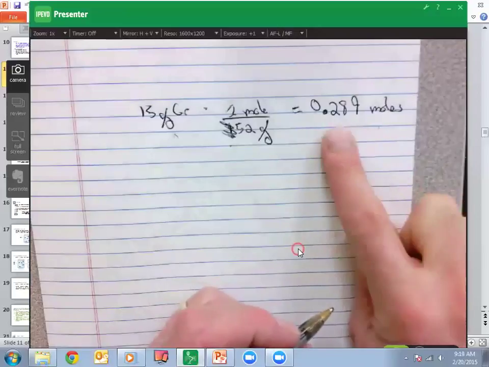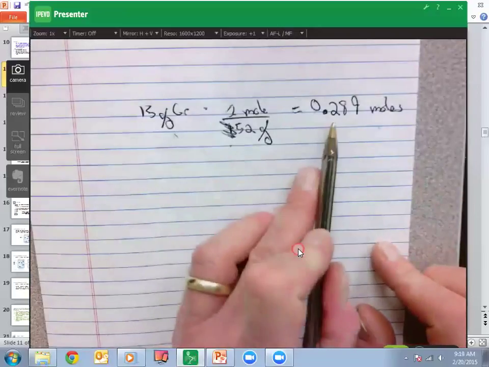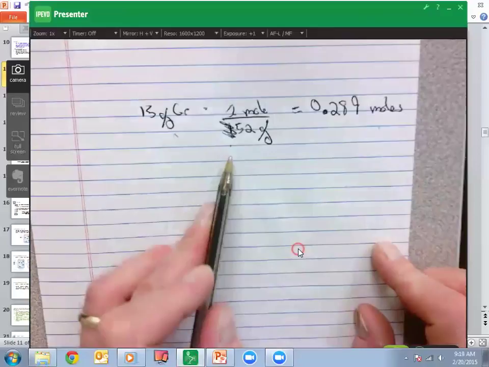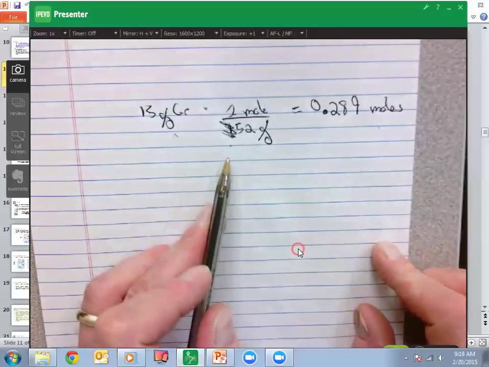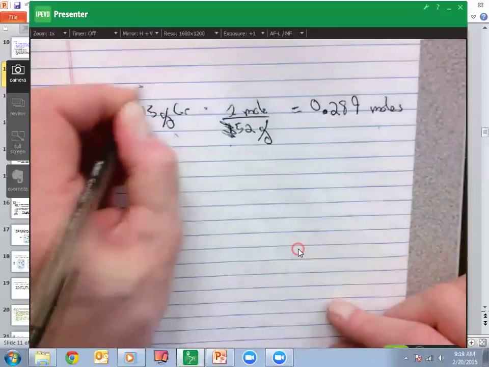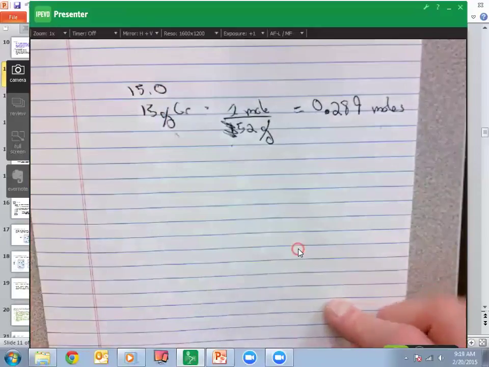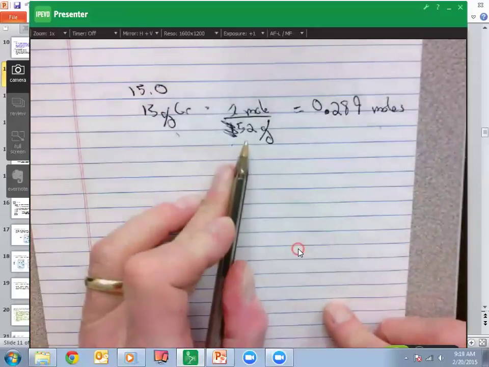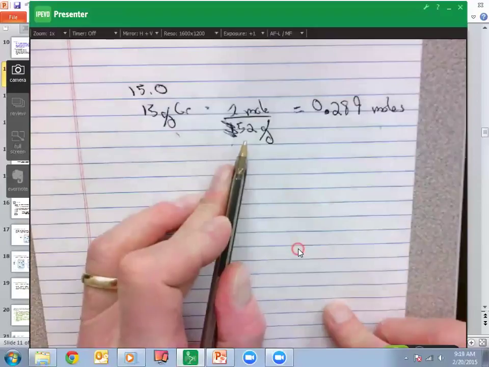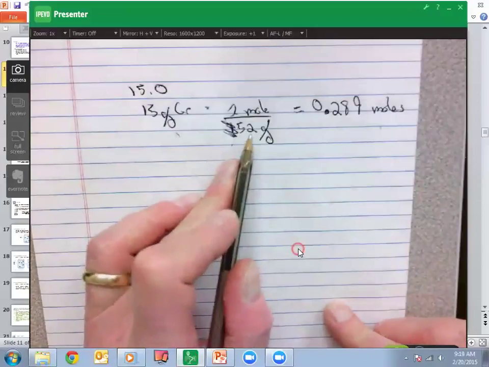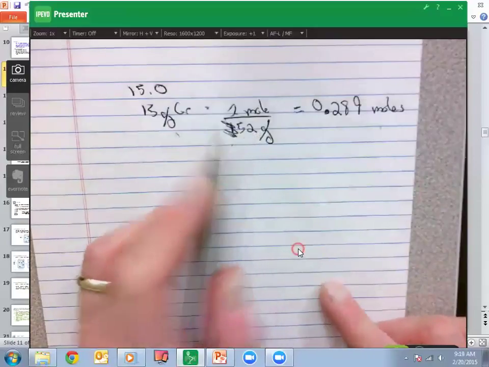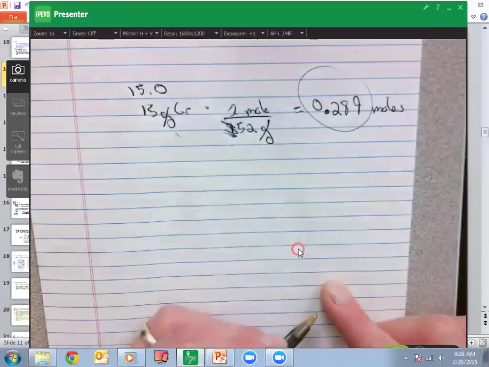We use that zero. The problem had 3 significant figures, and I'll bet on your periodic table you have the molar mass out to at least 3. So that's 3 significant figures.